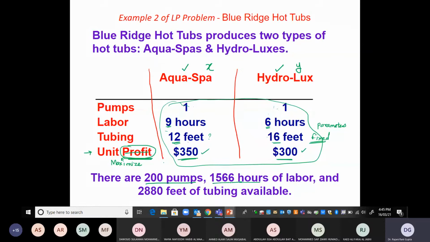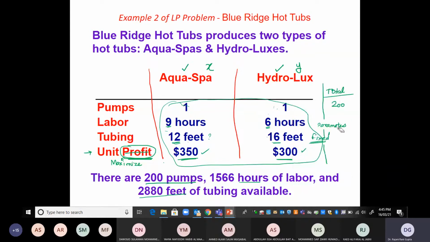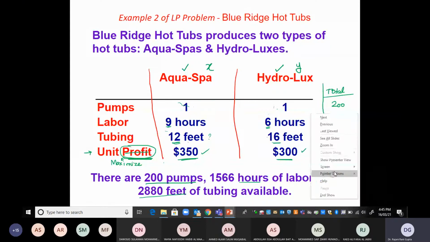So pumps, both are using one type of pump, but the total quantity of pumps is 200 total. So if I make an extra column here, for pumps we have 200.